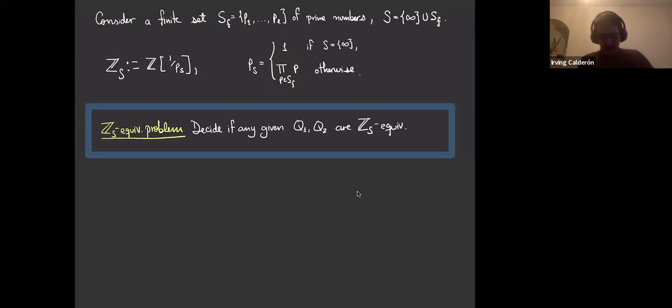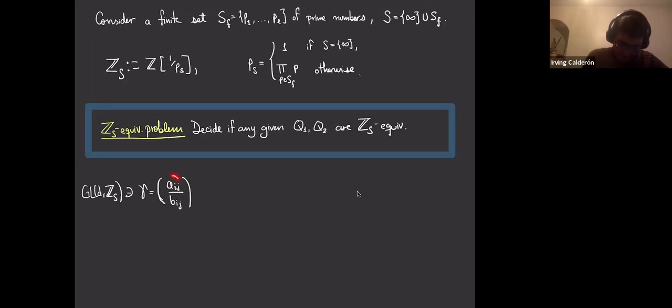And so now we want to decide, given any two integral quadratic forms, Q1 and Q2, if they are Z_S equivalent. Okay, so this time we're considering equivalence matrices that may have rational coefficients, say Aij over Bij. So what we'll do this time is bound both the numerator and the denominator of an equivalence matrix.